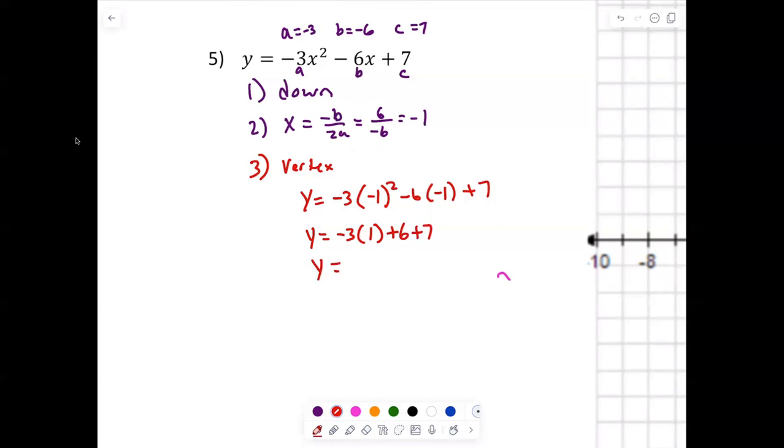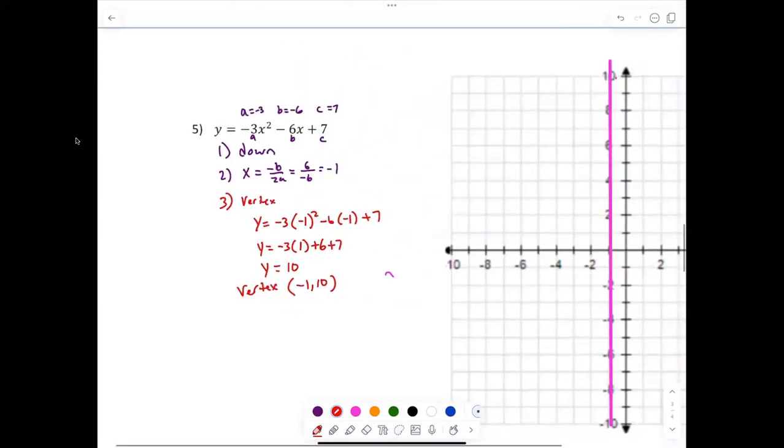The y value is what? 10. Thank you. -1 comma 10 is your vertex. So everybody plot -1, 10. So here's -1, 10 way up here.